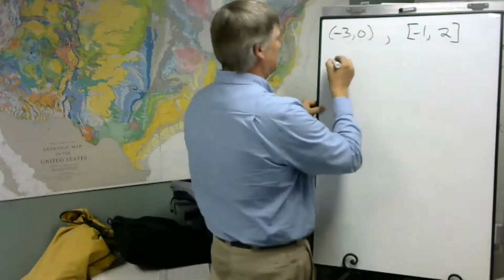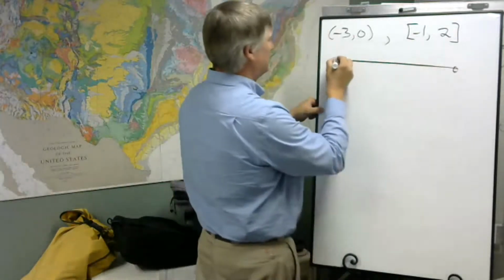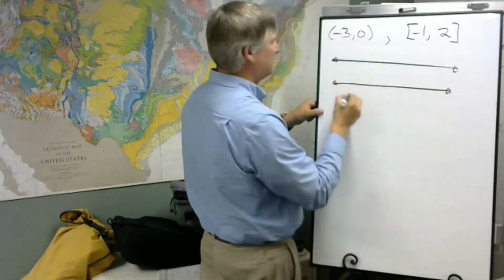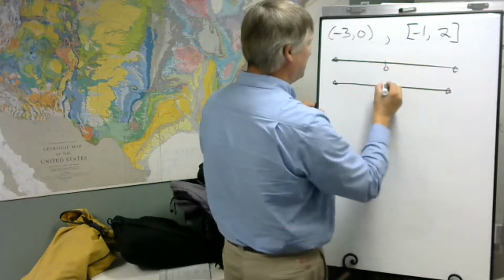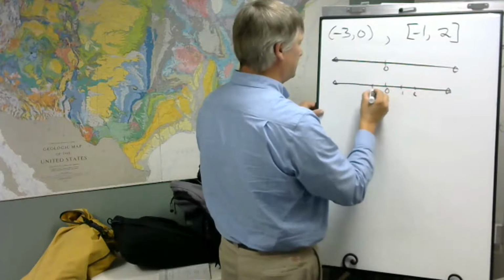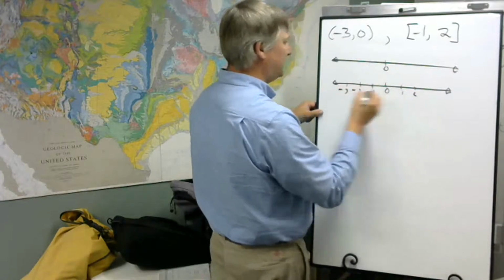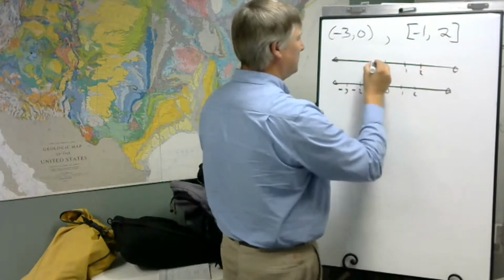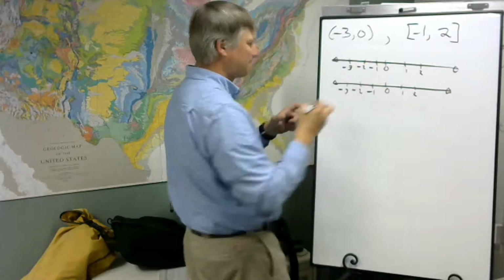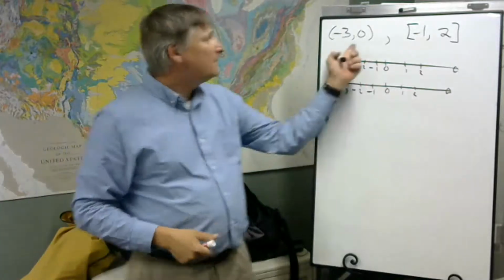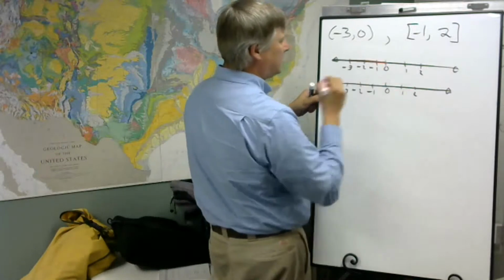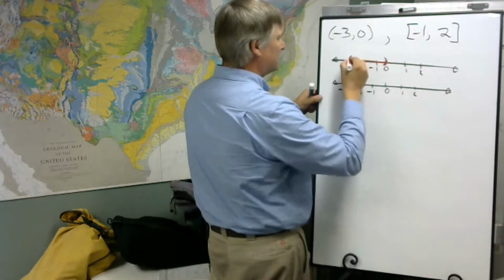So say we have 0, 1, 2, -1, -2, -3. Now, in this first one, we're talking about numbers from -3 to 0, but we don't include 0.